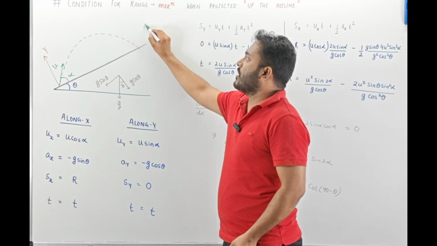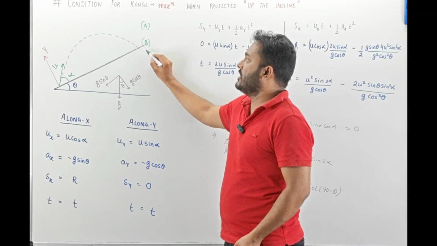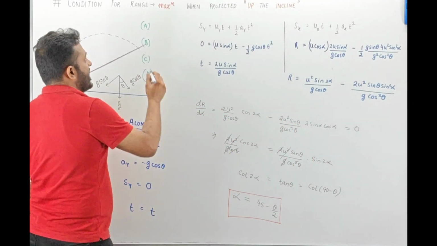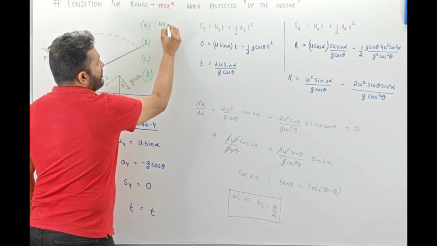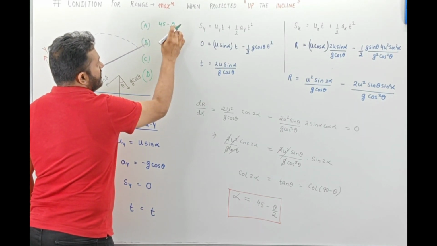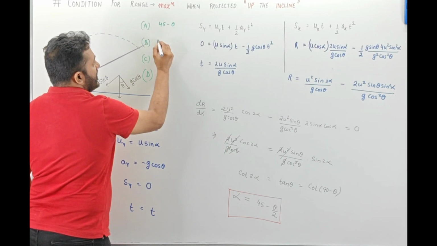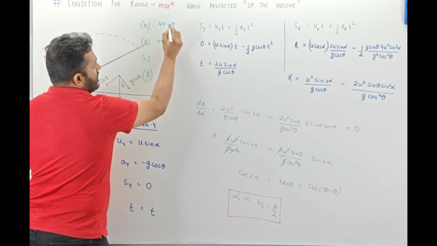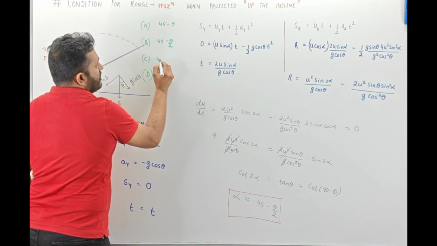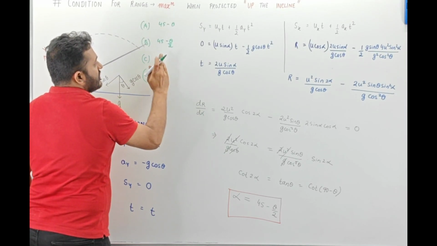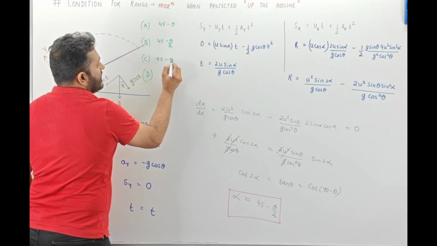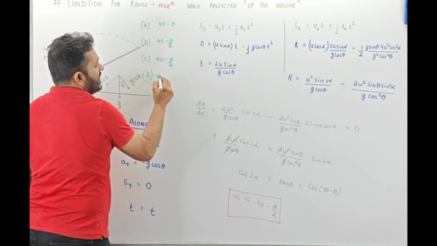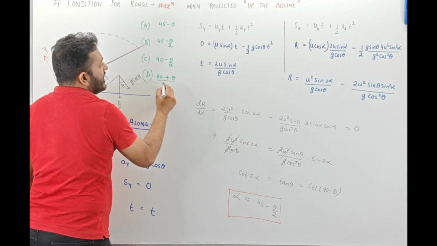So in case you have 4 options A, B, C and D, wherein the options are given to us as 45 minus theta, then 45 minus theta by 2, then 90 minus theta by 2, and then again we are given 80 plus theta by 2, or maybe something like this.